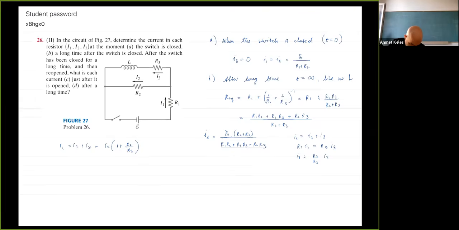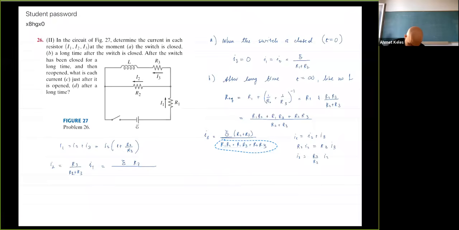And I2 is going to be equal to R3 divided by R1 R2 plus R1 R3 plus R2 R3 times I1, and this is going to be equal to E R3 divided by, okay, I don't want to write this whole thing again.